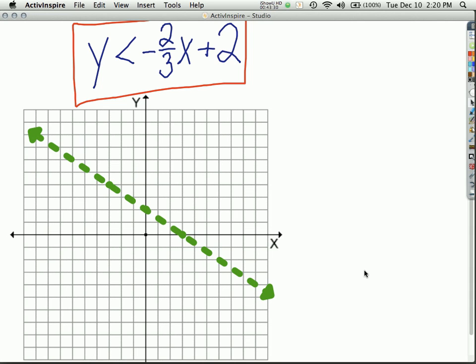So we have hopefully successfully drawn a dashed line to represent the inequality.